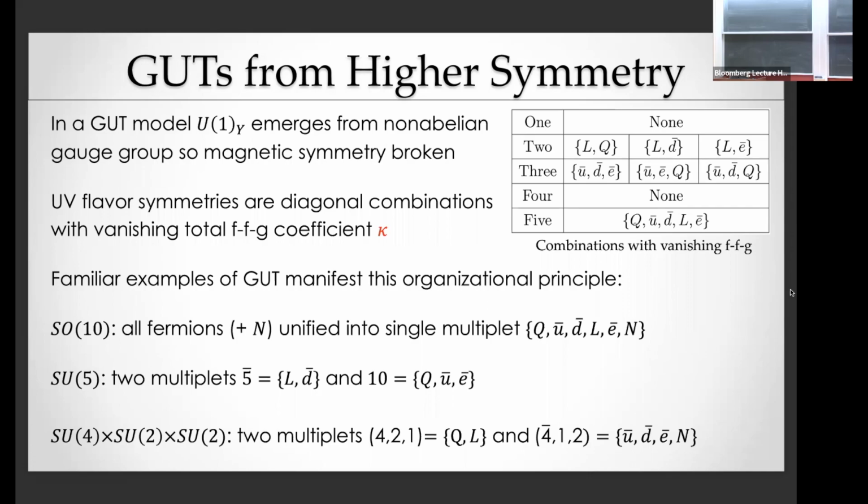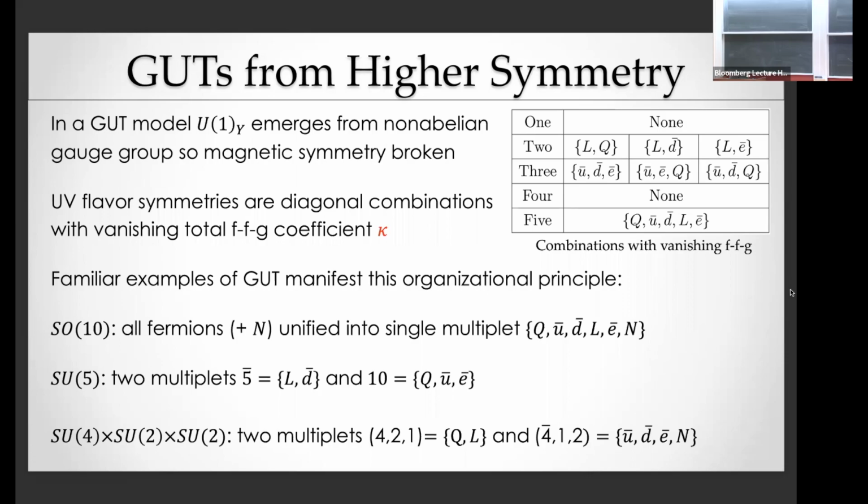So there's no way to put those into GUT multiplets on their own, keeping those flavor symmetries, which is something very familiar to anybody who's tried their hand at GUT model building. Now, if you look at diagonal combinations that act on 2, 3, 4, or 5, you'll find some possibilities. There are several that act on 2 fermions, several that act on 3, none that act on 4, and one that acts on 5.